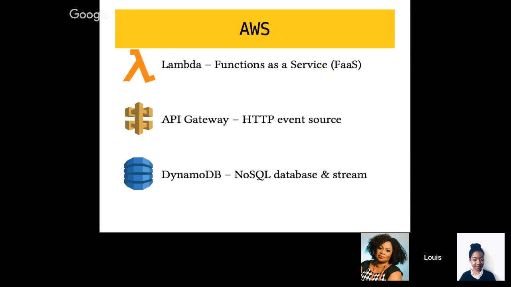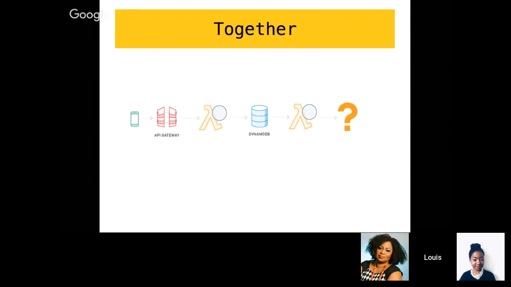The ability to create a stream from your table and read items out in batches has really been great. There are other options for queuing, of course, but today we'll be looking at this one. So putting it together, it'll look something like this.